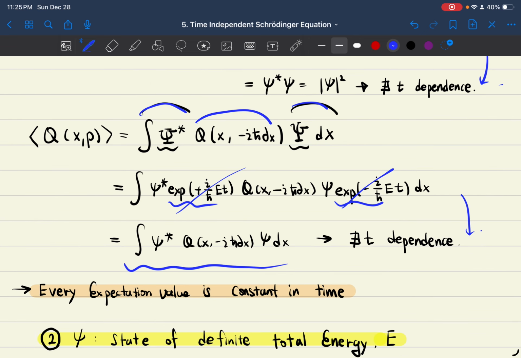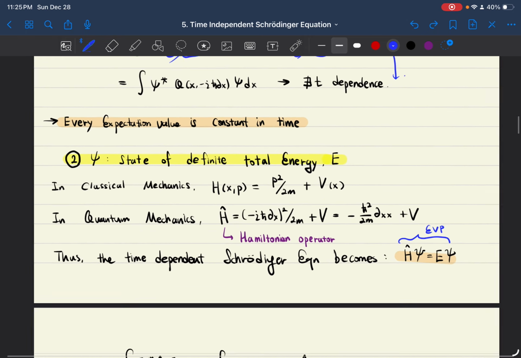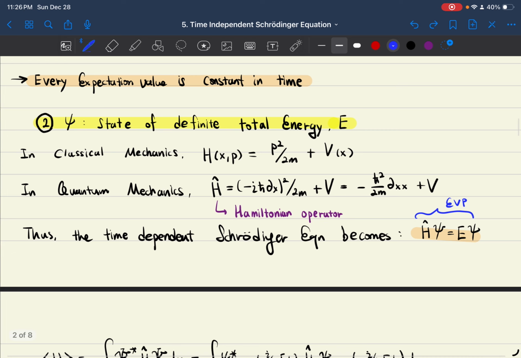So the conclusion is that any quantity's expectation value has no time dependence. Fairly easy. Every expectation value is constant in time when the potential V has no time dependence.